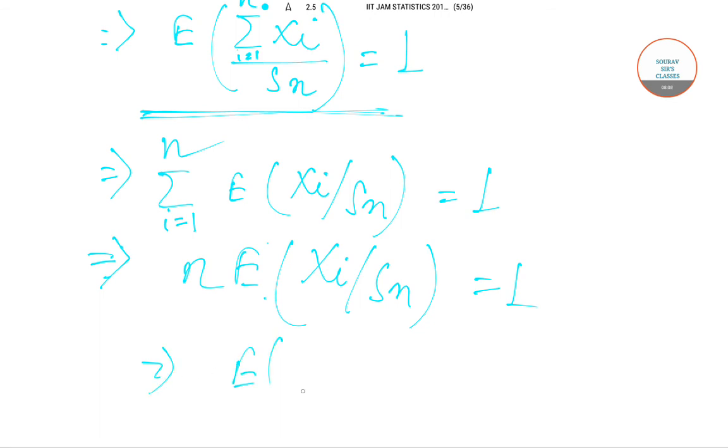So expectation of xi by Sn is equal to 1 by n.